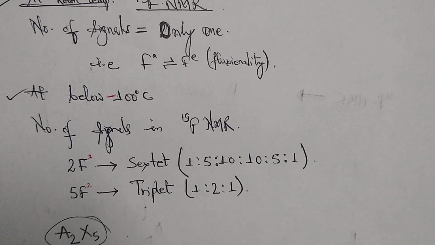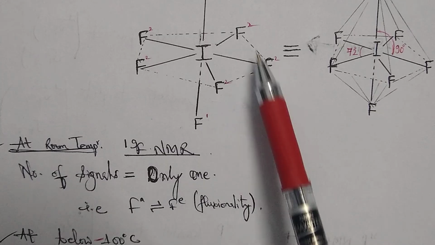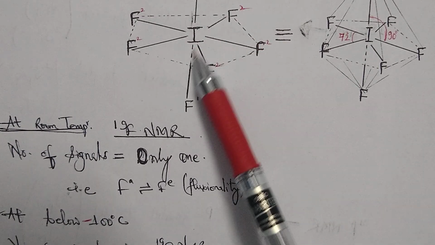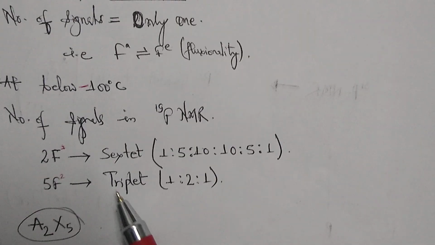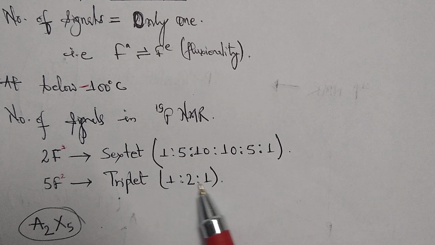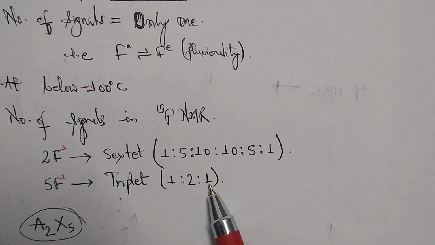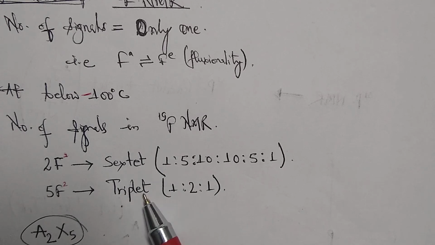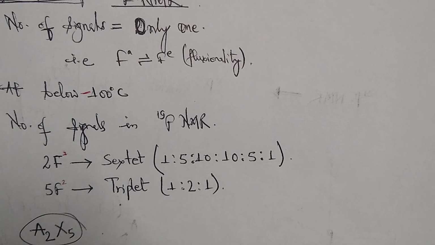And the 5 fluorine of the second kind will couple with the 2 fluorine and give a triplet signal, which has a 1:2:1 intensity ratio. So sextet and triplet, we'll get the Pople notation as A2X5.